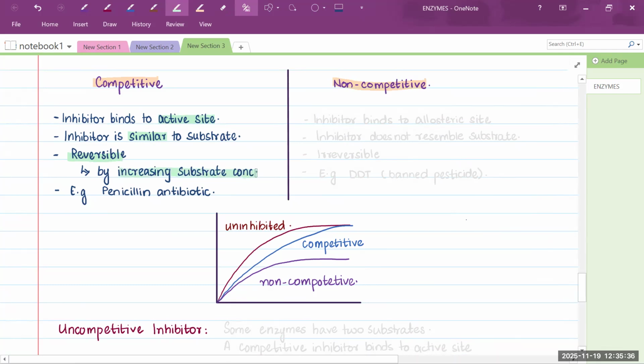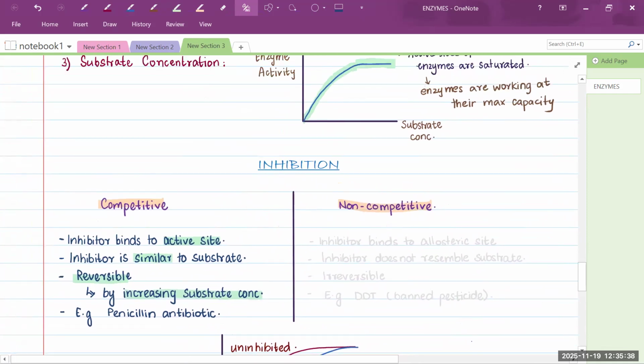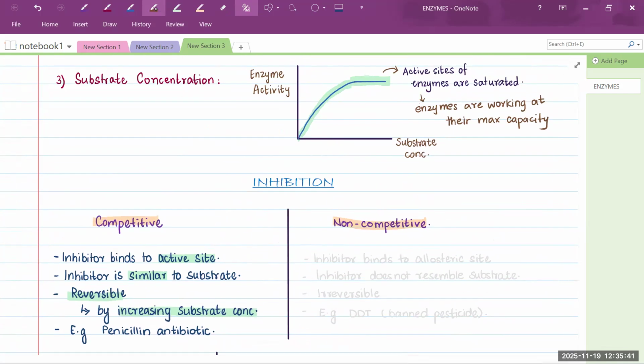For example, I can show you here, right? We have this enzyme, and this is the original substrate, and this is the inhibitor.